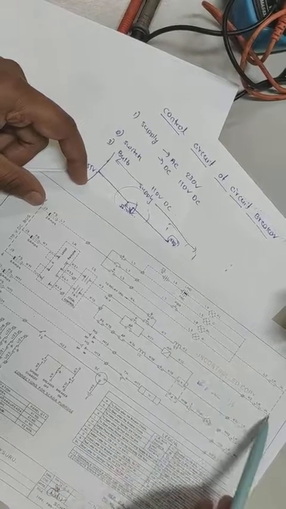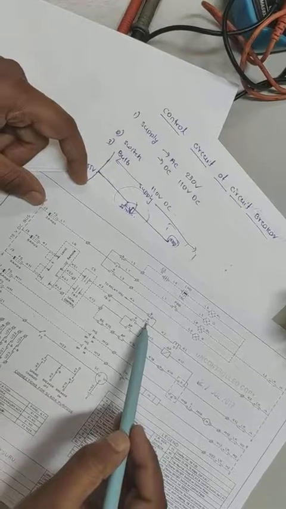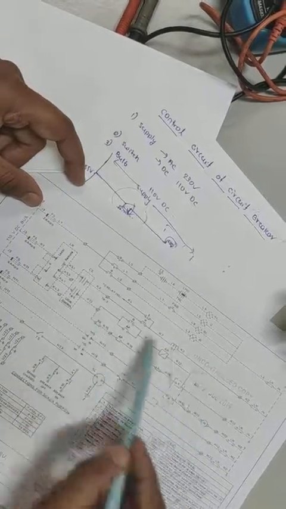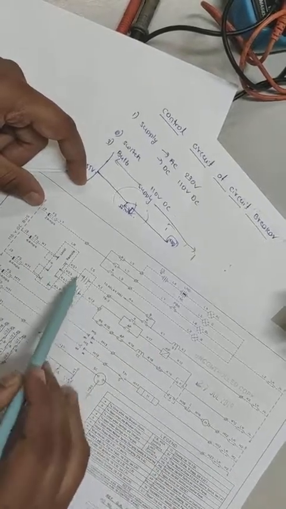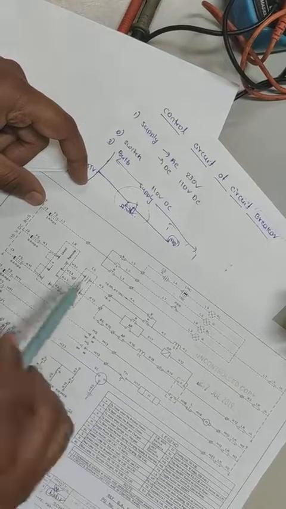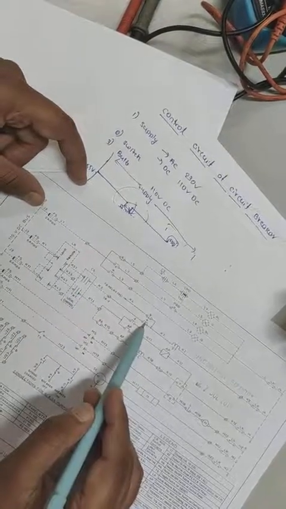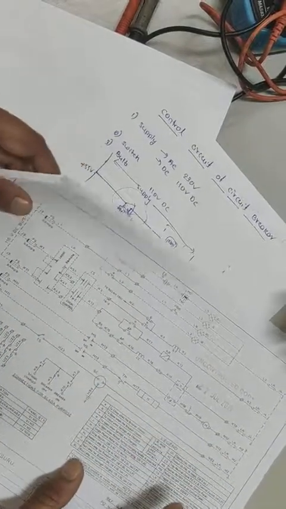As soon as the breaker trips, this A contact will open again, thereby avoiding the continuous DC command. Even though you have given a continuous trip pulse, it will be open. So this is the tripping circuit.